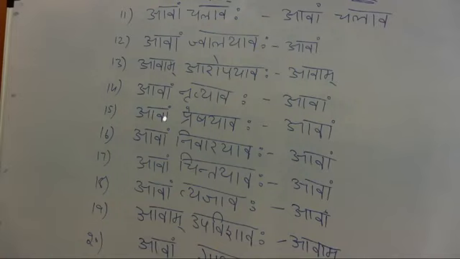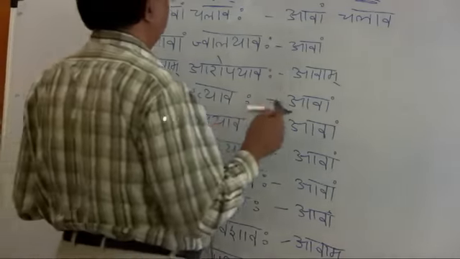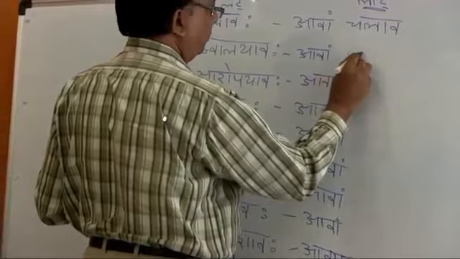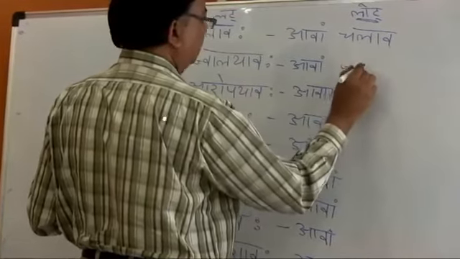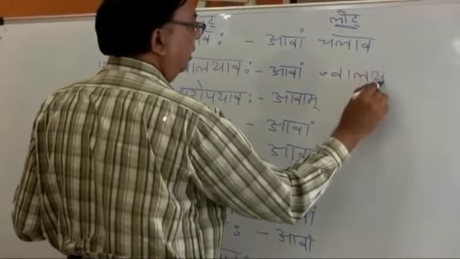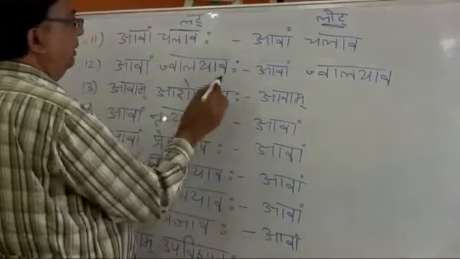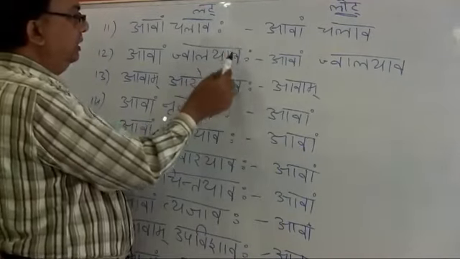Now coming to the 12th, it changes in the same way. Avam jvalayavaha becomes avam jvalayava only. That's all. What is happening here? The visarga, please watch, is dropped everywhere.